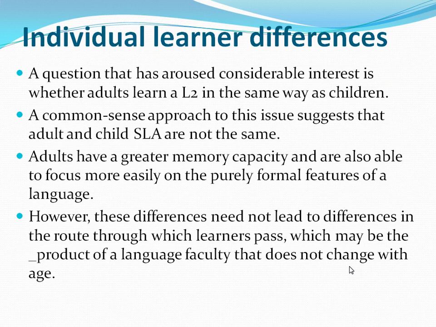And adult learners have a greater memory capacity and are also able to focus more easily on the purely formal features of a language. It is assumed. However, this difference need not lead to a difference in the route through which learners pass.